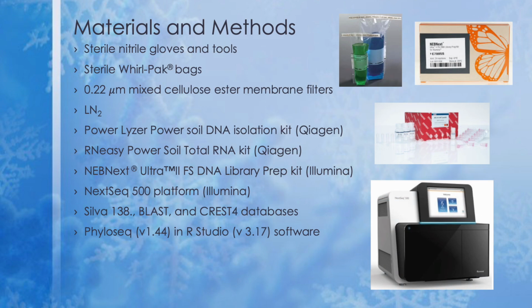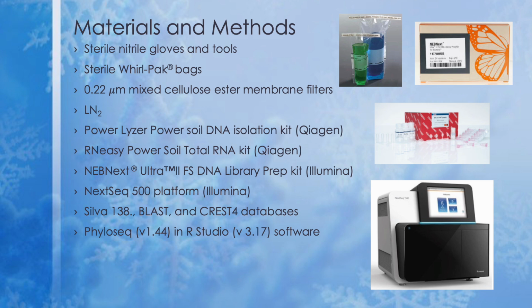Field samples were collected using sterile nitrile gloves and tools and stored in sterile Whirl-Pak bags. Samples were melted at ambient temperature in the field and filtered through 0.22 micrometer mixed cellulose ester membrane filters.